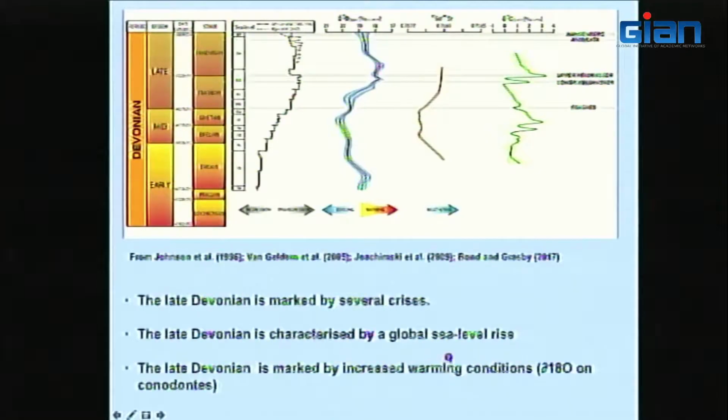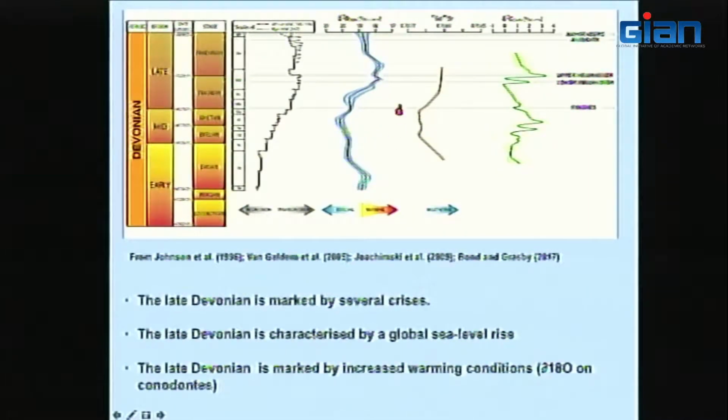The late Devonian is also characterized by a global sea level rise, as you can see here, with transgression up to here. You can also see that we have some variation in oxygen isotopes. And for example, in this Kellwasser event, these two black shales are marked by increasing temperature.